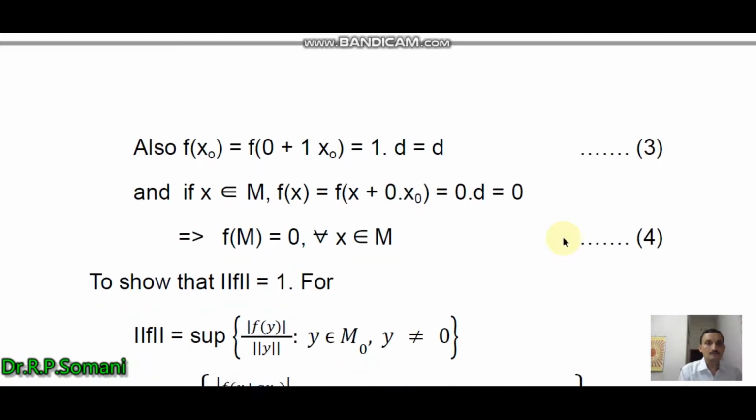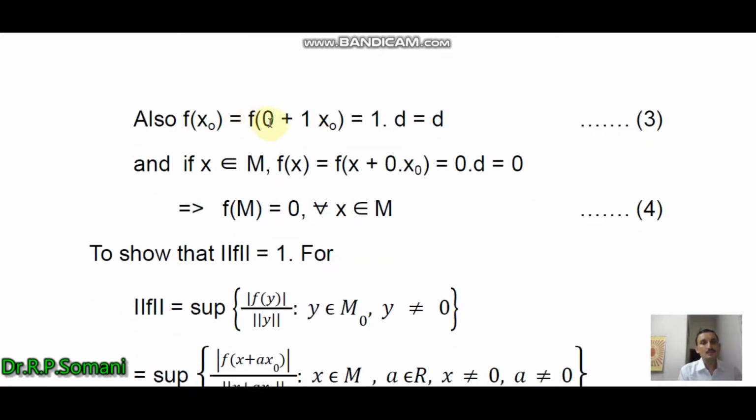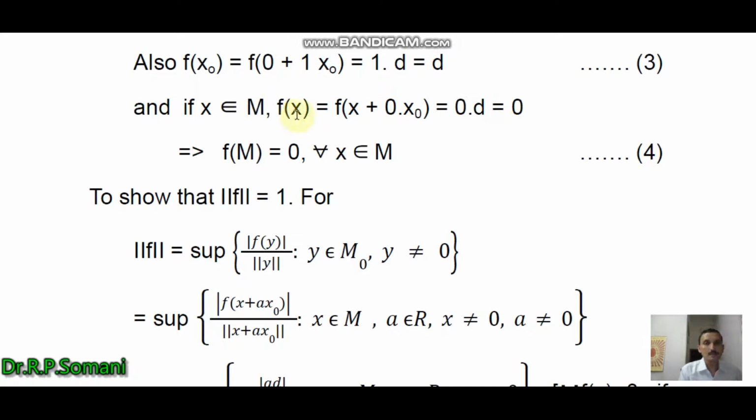Also f(x0) equal to f(0 plus 1 into x0) equal to 1 into d equal to d. And if x belongs to M, f(x) equal to f(x plus 0 x0), this is equal to 0 into d equal to 0. Therefore, we obtain f(x) equal to 0 for all x belonging to M. This we denote as equation 4, and f(x0) equal to d. This we denote as equation number 3.